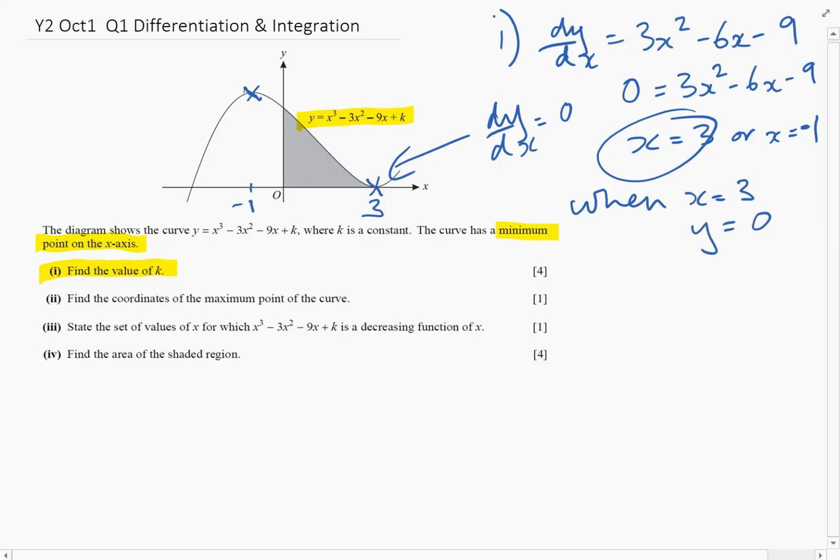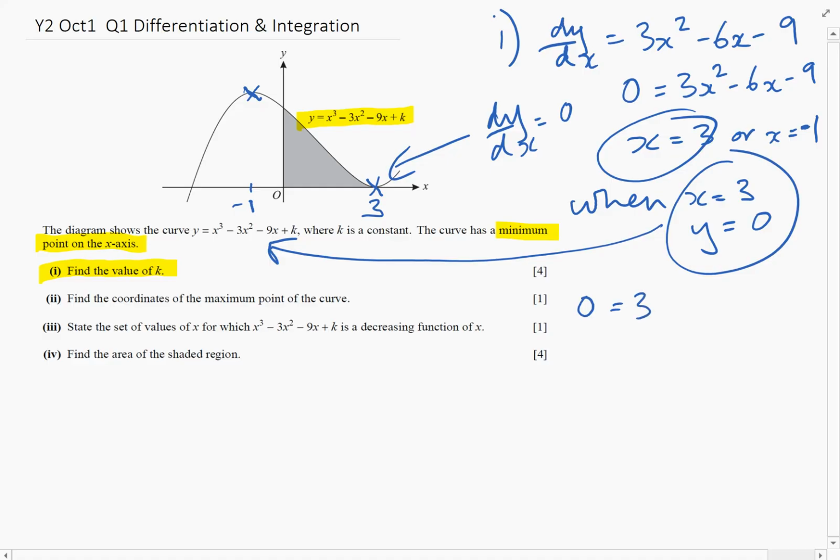So if we substitute that into the original equation, that will give us 0 equals (3 cubed) minus 3 times 3 squared minus 9 times 3 plus k.